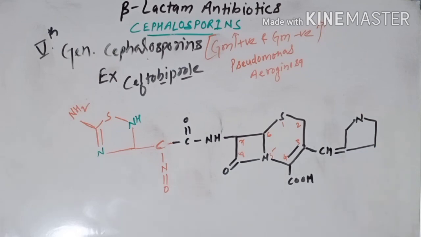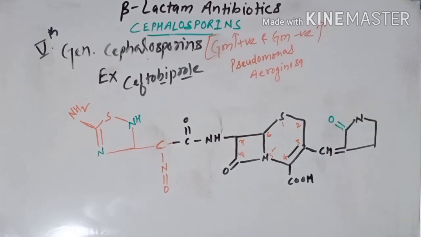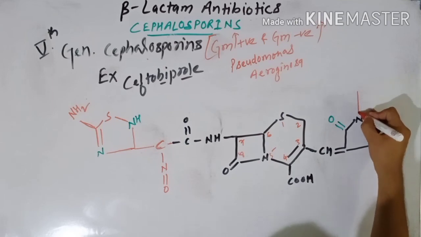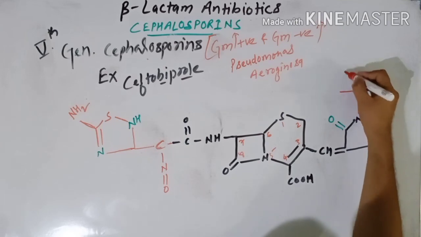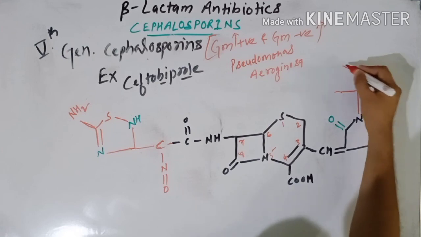So this is your first pyrrole, and on this pyrrole there is a ketone functionality, and again on this first pyrrole ring there is a second pyrrole, in this manner.